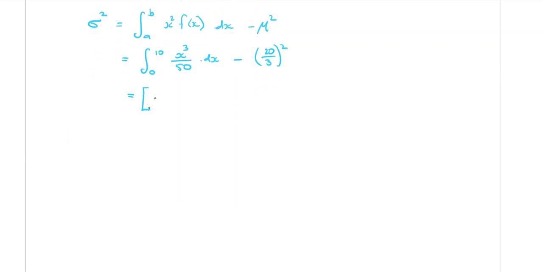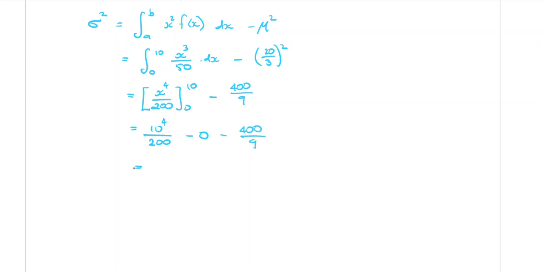Integrate. Add 1 to the power, divide by the power. 4 times 50 makes 200, between 0 and 10. Then we're going to minus 20 squared is 400, 3 squared is 9. Square the top, square the bottom. Sub in 10 to the power of 4 over 200 minus 0, because 0 to the power of 4 over 200 is still 0, minus 400 over 9.